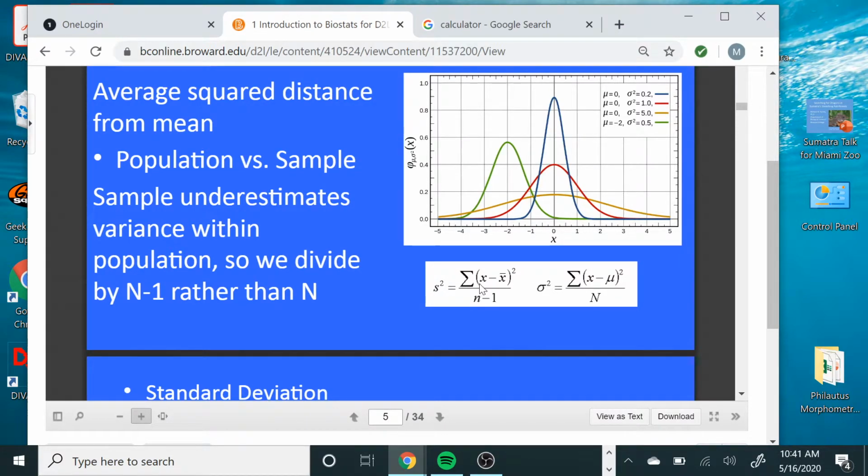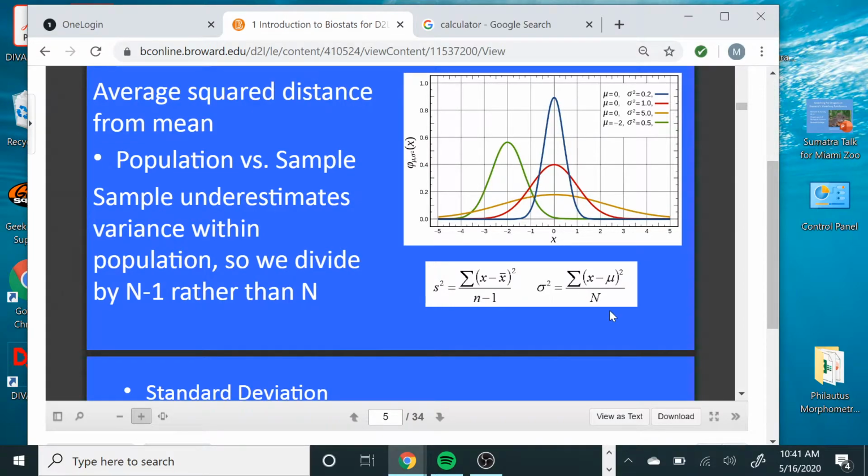For each one, you have the deviation, or each score minus the mean. So the top is the same. What's different is the denominator in these equations. Notice that in this equation, the denominator is always going to be 1 less, which is going to make this a larger score than this.